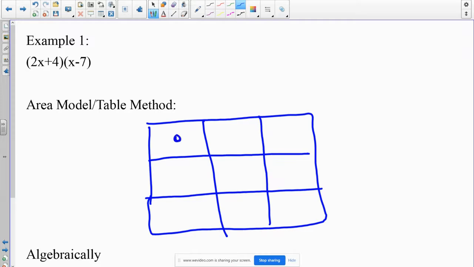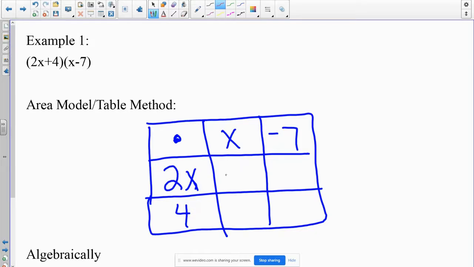Put your multiplication symbol here, and it does not matter which binomial you put where. It's whatever your preference is. Usually I do the first one vertically here, so we'll put the 2x here. I'll put the value of 4 here, and then the other binomial will go on the top row, which would be x minus 7.